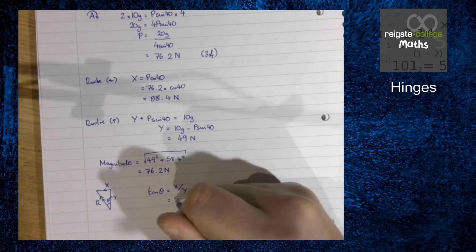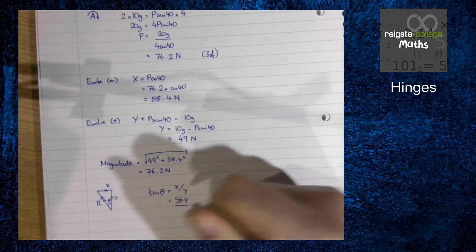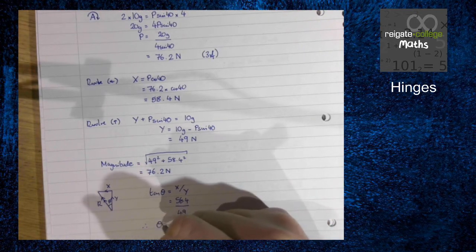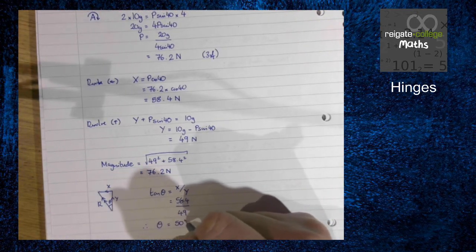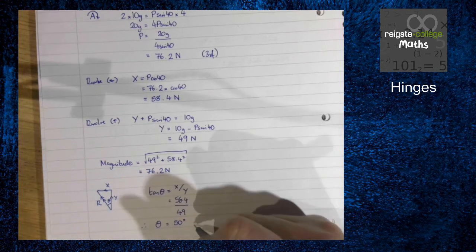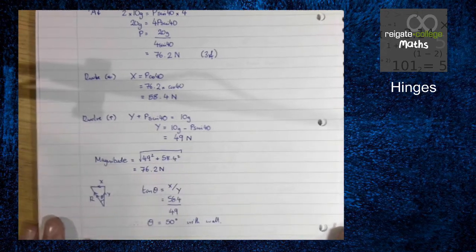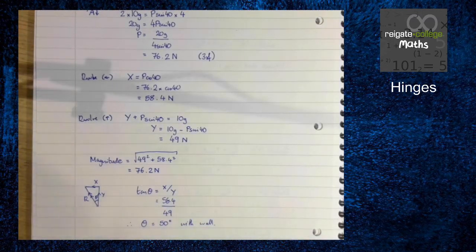So this 58.4 and a bunch of other numbers over 49. So therefore theta equals 50 degrees with the wall. So again, very similar processes. This is just an application of finding forces.